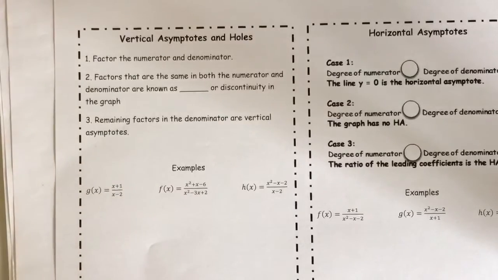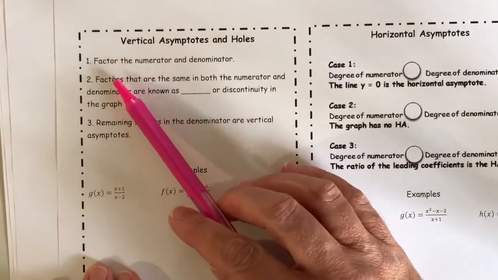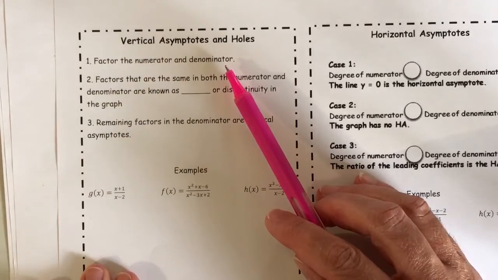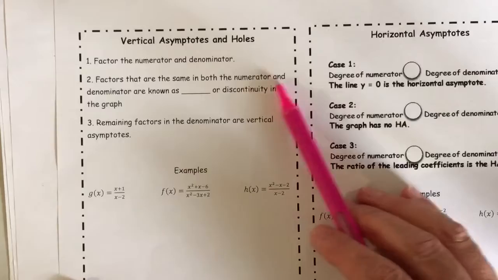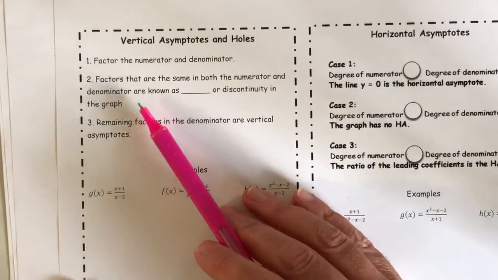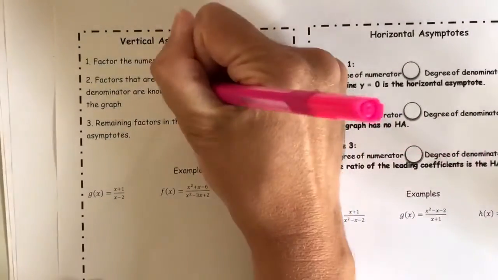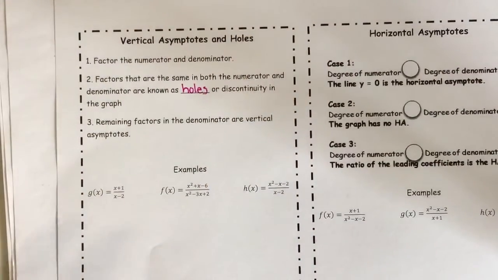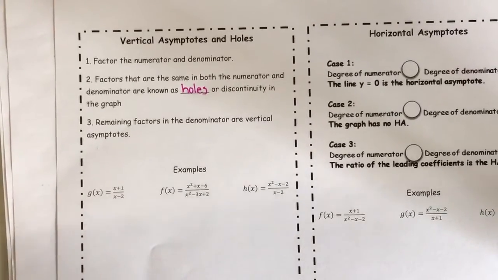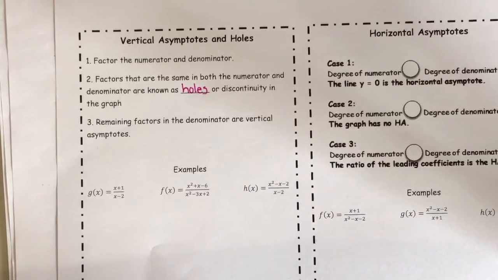So to find your vertical asymptote and your hole, you have to factor the numerator and the denominator. The factors that are the same in both the numerator and the denominator are known as your holes, or discontinuity in the graph. So if I have an identical factor in the top and the bottom, and that factor has canceled out, then that is considered a hole in the graph. The remaining factors in the denominator are known as your vertical asymptotes.